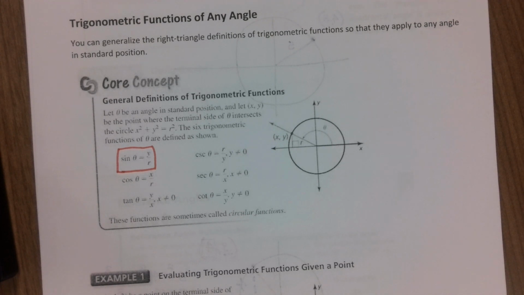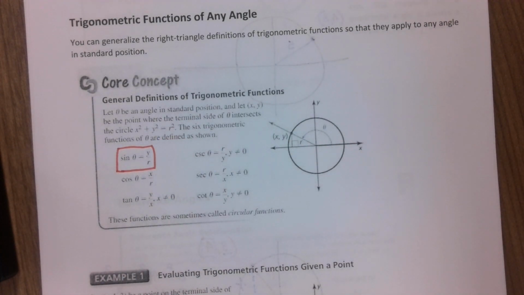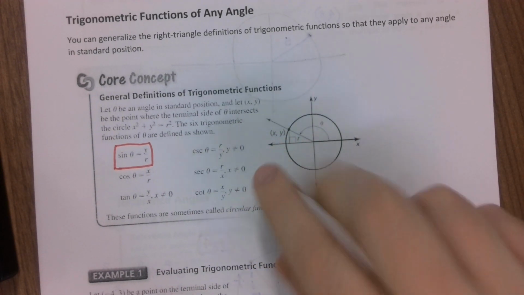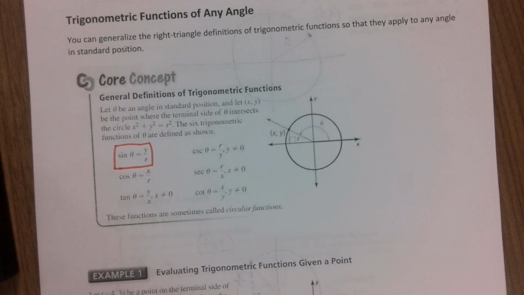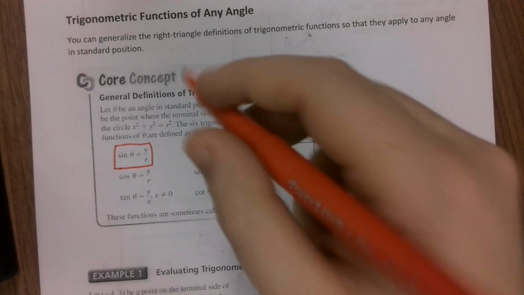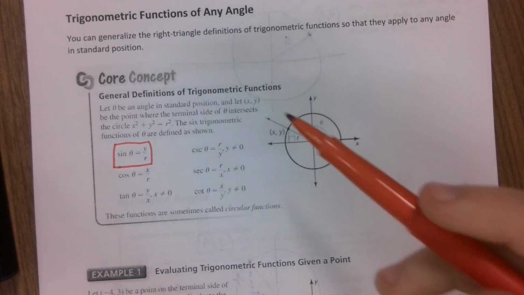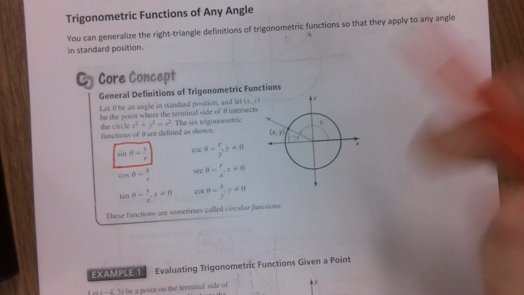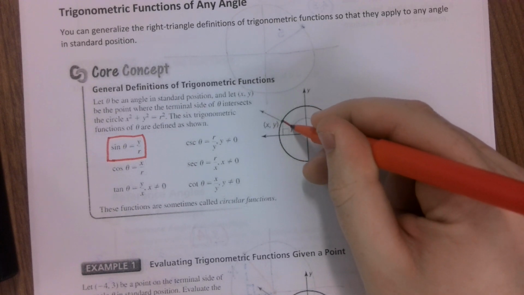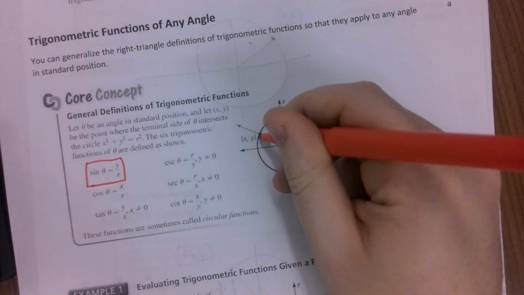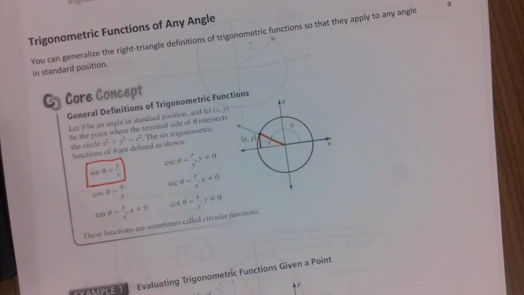The sine is defined as y divided by r, and it doesn't matter what y is, this will always work. This is because normally, when we're talking about sine, we're talking about the opposite over the hypotenuse. In this case, our hypotenuse is r, and our opposite side is this one. So this works for any angle, for any point.